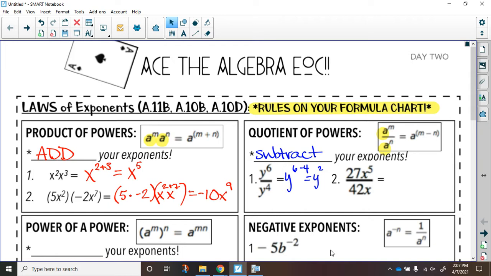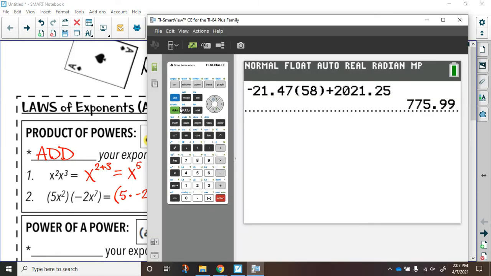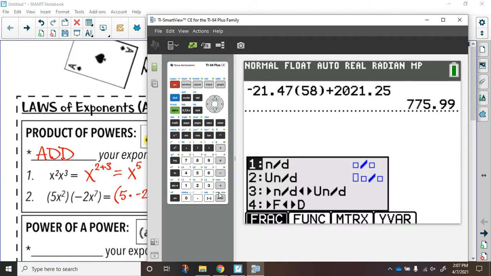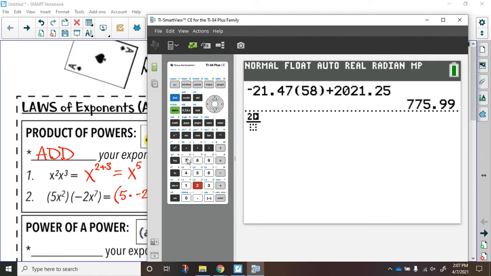So that is how we would do number 1. And for number 2, we're going to start with the number. So 27 divided by 42. 27 can't go into 42, but let's see what we can divide. I'm going to type in alpha y equals, enter 27 over 42, and see what this fraction simplifies to, and we get 9/14.